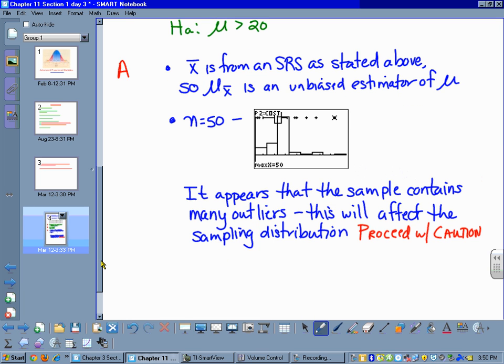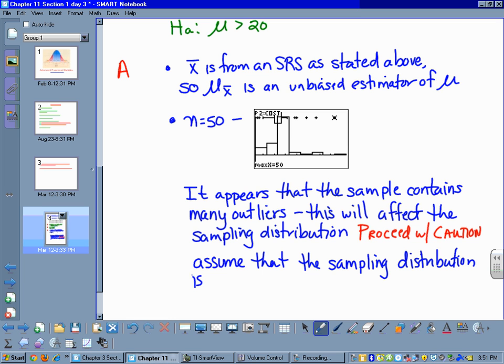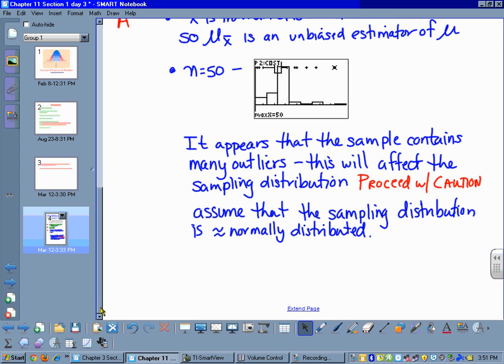So I'm going to have to unsafely assume that the sampling distribution is approximately normally distributed. All right, so that is really a big concern. We have a major fail there.